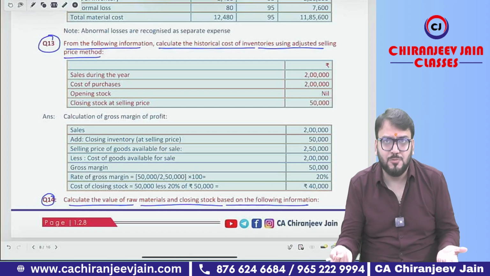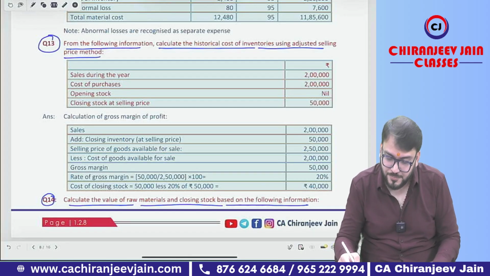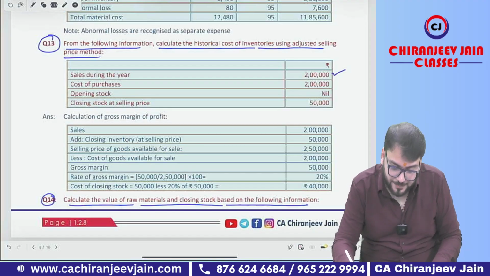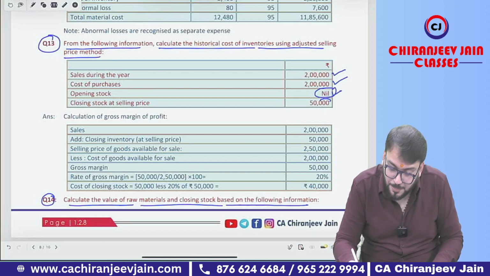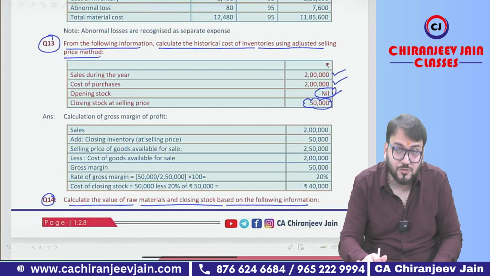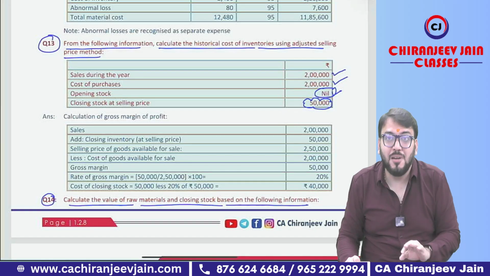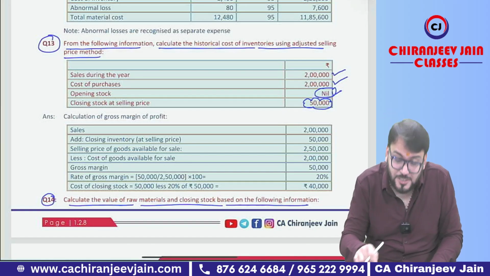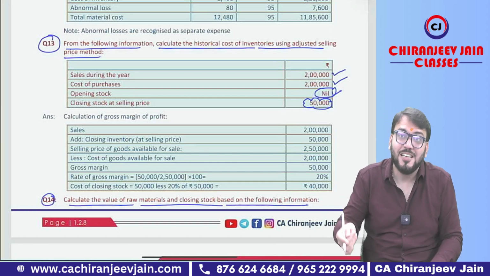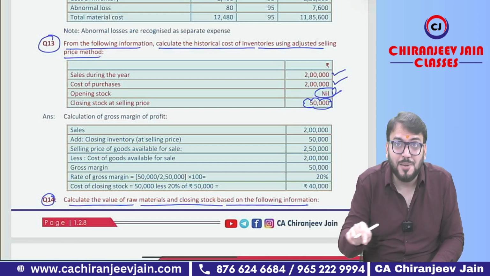Adjusted selling price method means retail price method, both are same. You can see sale during the year, cost of purchase, opening stock is nil. Now they have given closing stock at selling price, but what is good in this question, they have not given GP margin. They have not given profit margin.